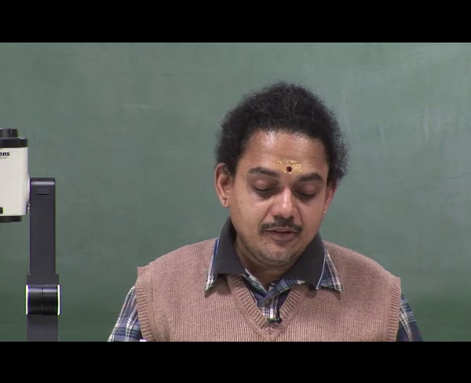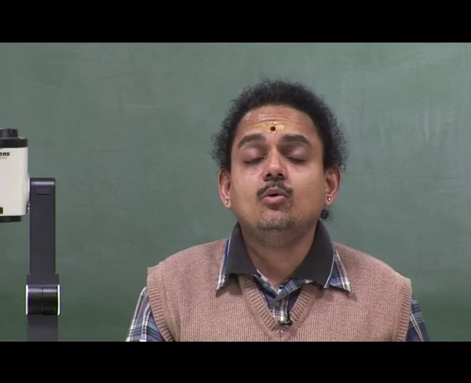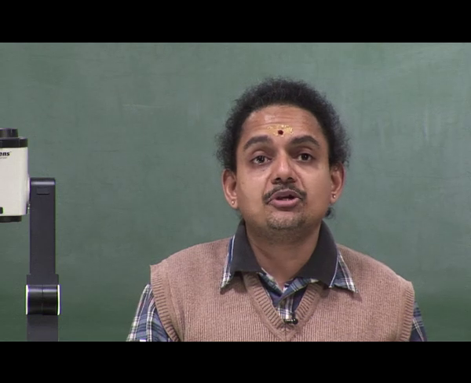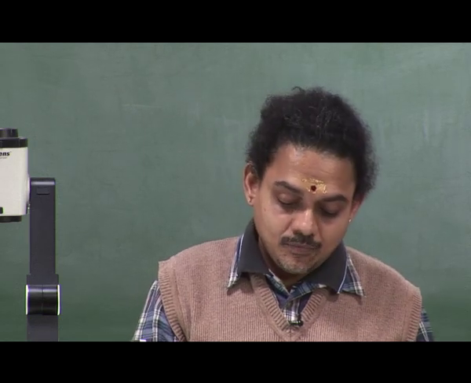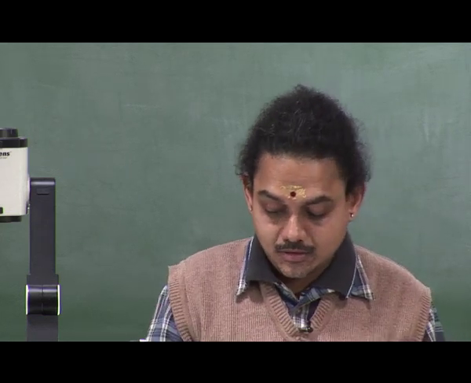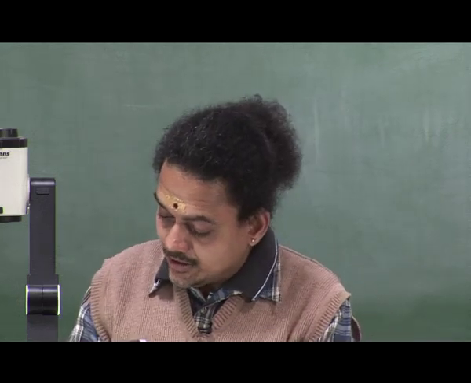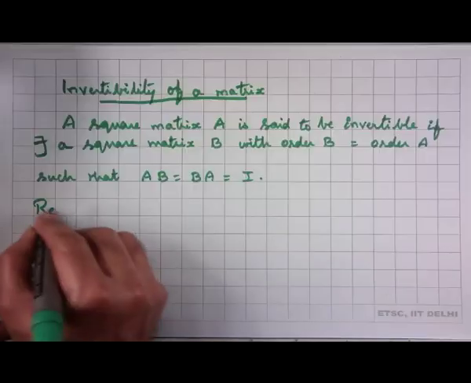Now, how to verify whether a matrix is invertible or not? This can be done by using what are known as the row elementary operations. So, how to obtain this? In fact, let me just state a result.